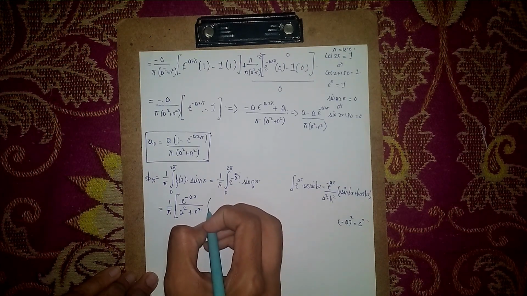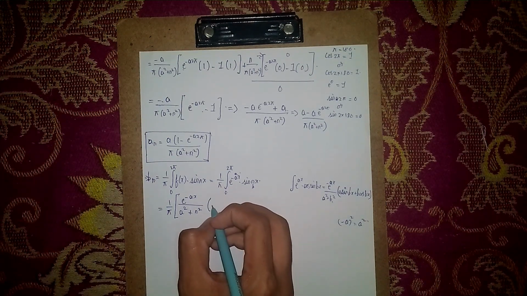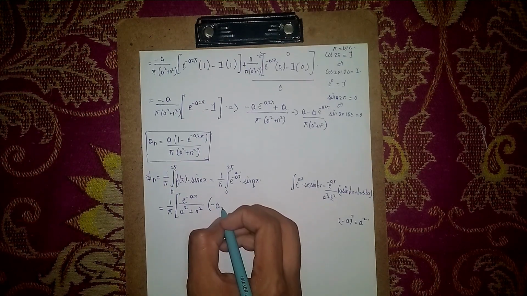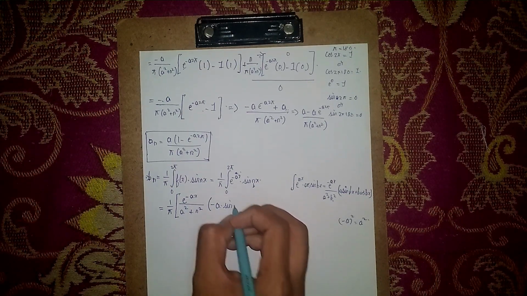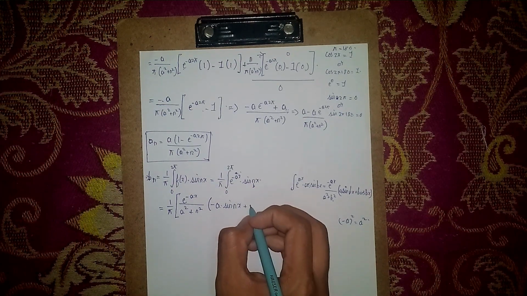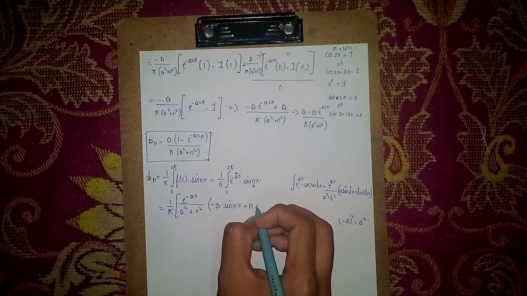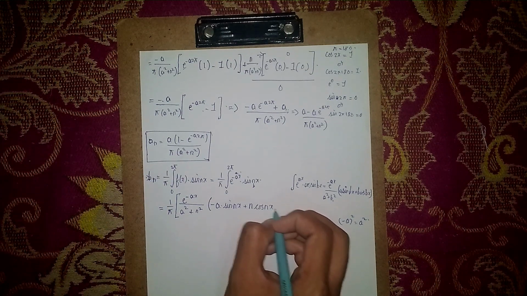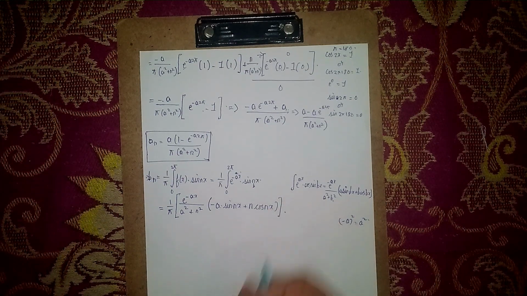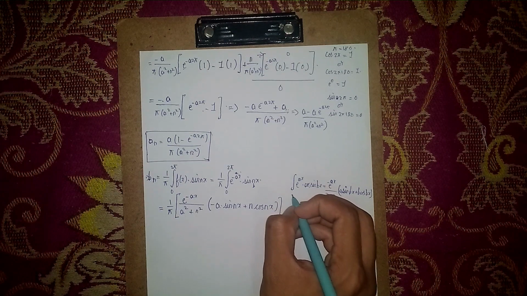Then open a bracket, a is minus a into sin nx plus b is n cos nx, then close the bracket, 0 to 2 pi.